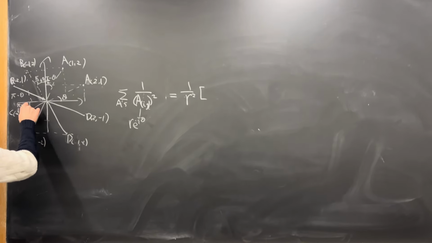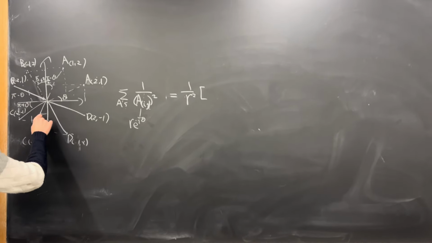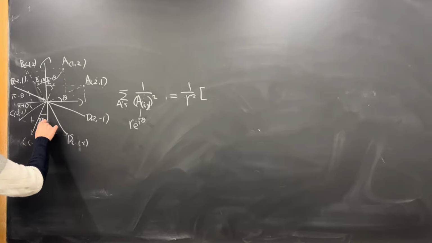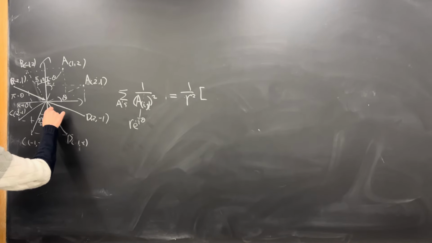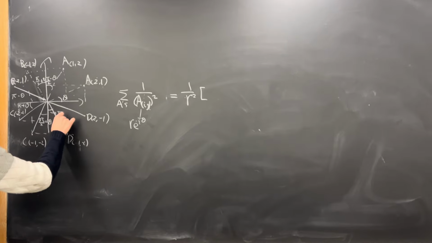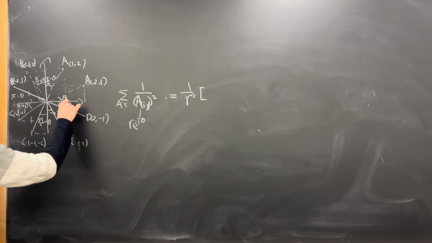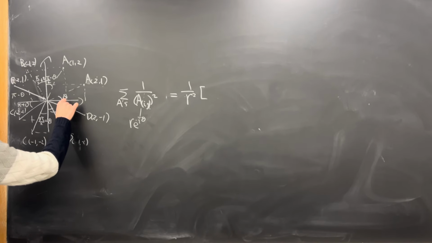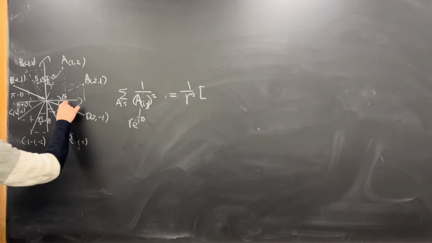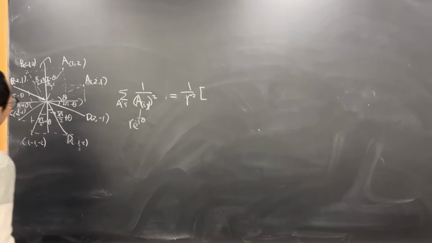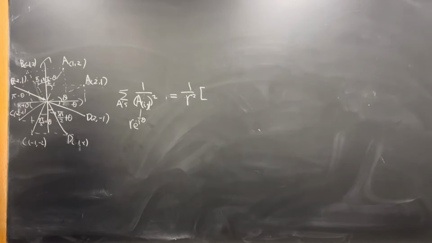Then 3 pi over 2 minus theta, 3 pi over 2 plus theta, and here just minus theta.